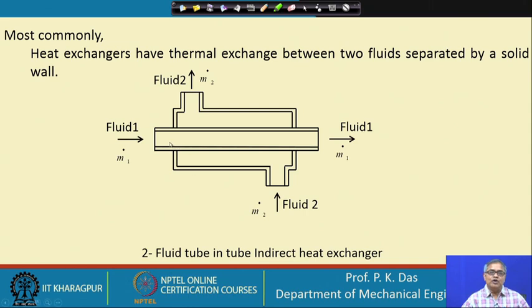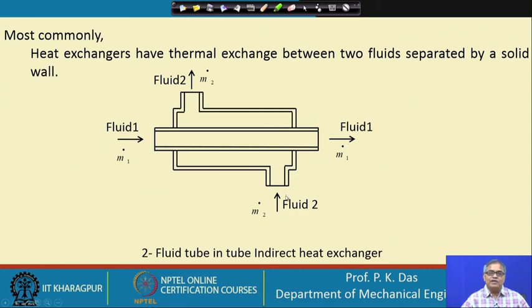So, let us say fluid 1 is the hot fluid. The inlet temperature, the temperature at which fluid 1 is entering, is higher compared to the temperature of fluid 2 at the entry point. Then we will find that fluid 1 comes in with a higher temperature, and its temperature will fall when it goes out.